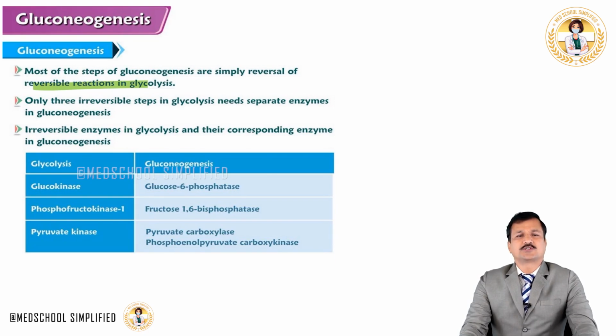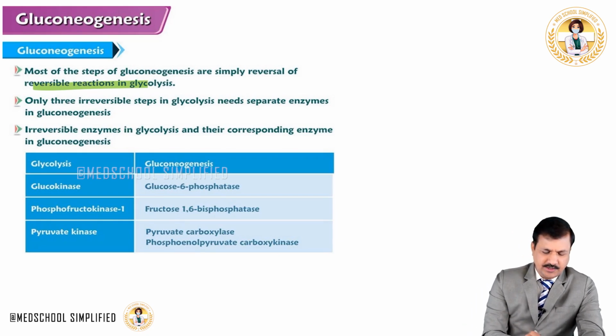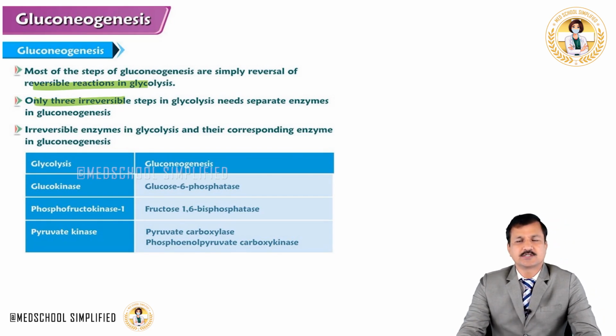Now, what about those three irreversible reactions in glycolysis that need separate enzymes in gluconeogenesis? That's another thing you need to know to understand gluconeogenesis.